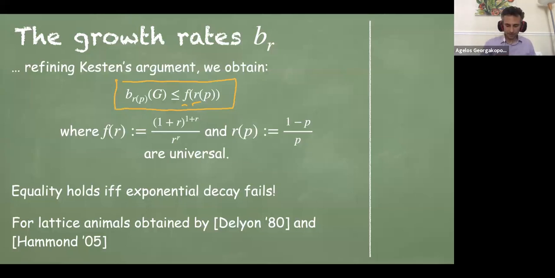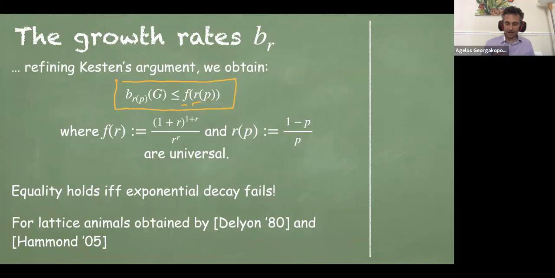All right, so this is a bit strange. Up to now, I've been talking about this deterministic function b of r. This is an invariant of your graph with one parameter r, the ratio of the edges sticking out over the edges inside. And here I'm talking about percolation. I have the percolation parameter p in there.